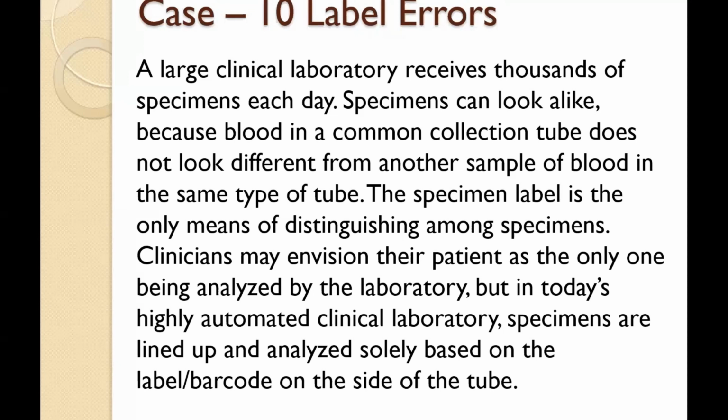So, how are these samples identified? By the label. This label shall have appropriate information so that there is no confusion in identifying the specimen. Either it is barcoded, or even if you are labeling manually, what all information you will incorporate on that sample, that shall be uniform.